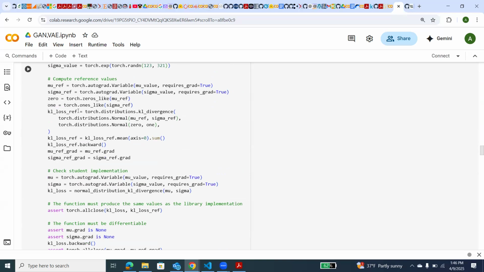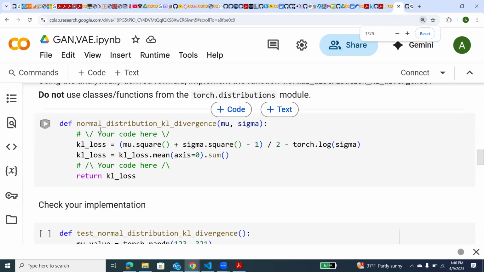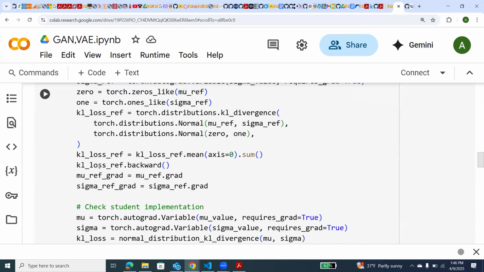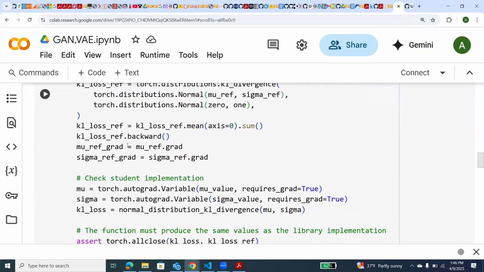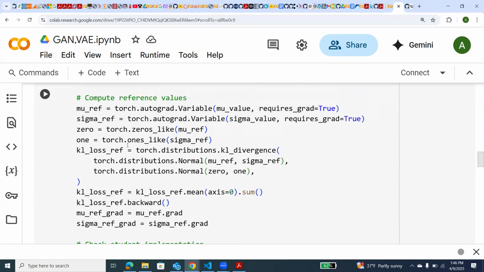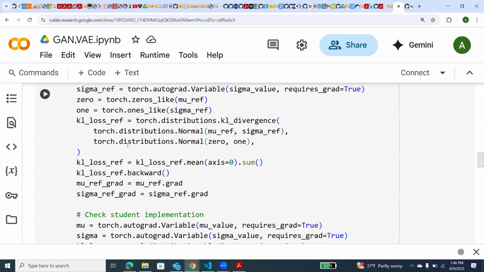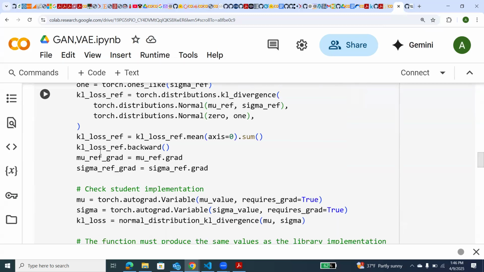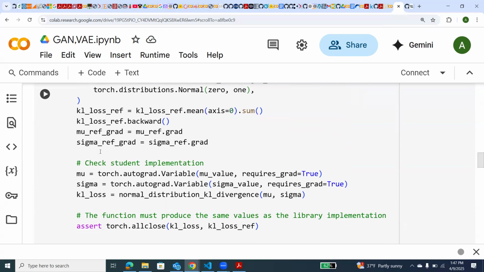This is the neural network. We have our ResNet part, and then we apply two linear layers corresponding to the mu and sigma matrices.